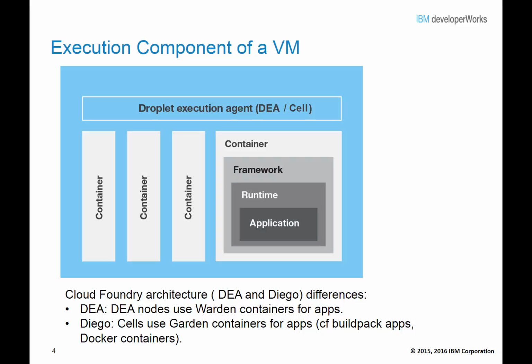A build pack is a collection of scripts that prepare the application for execution on the target Platform as a Service environment. A build pack gathers the runtime and framework dependencies of the application, and then it packages them with the application as a droplet that can then be run within the container. In each VM, the cell rep operates as an application manager, communicating with the rest of the Bluemix infrastructure and managing the apps that are deployed to the VM.